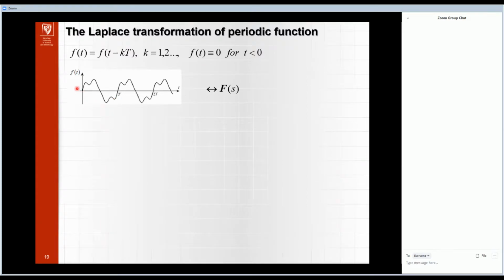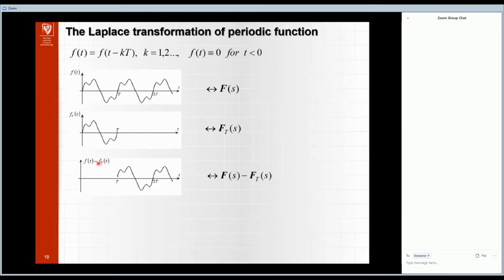For example, briefly, we have such a function, and we can write this transformation just as F(s). Okay, and now I put here this function for one period, and we can write it as f(t), and we know that this one and this one, when I subtract from this function, obtain this result, and using the addition subtraction property, we know about this.